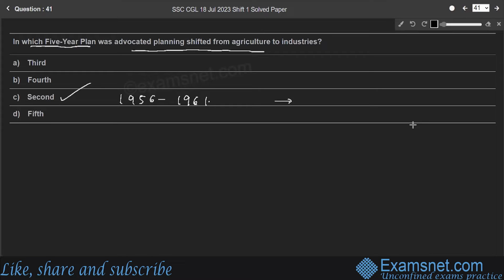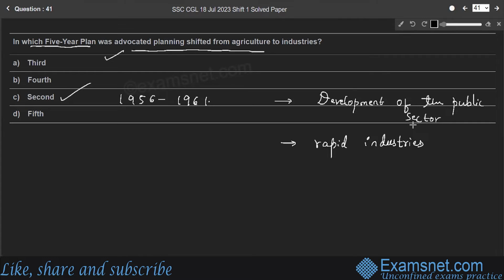The plan followed the Mahalanobis model, which is based on the ideas of the Indian statistician Prasanta Chandra Mahalanobis.